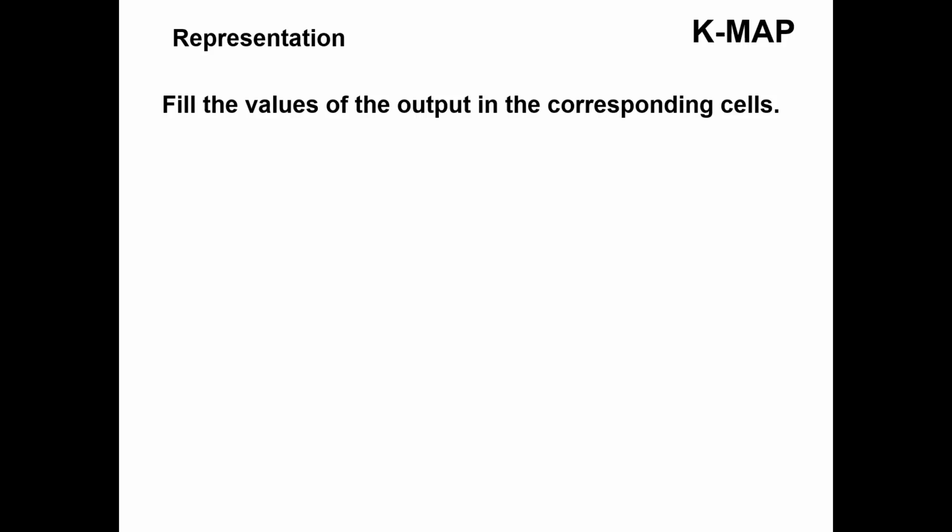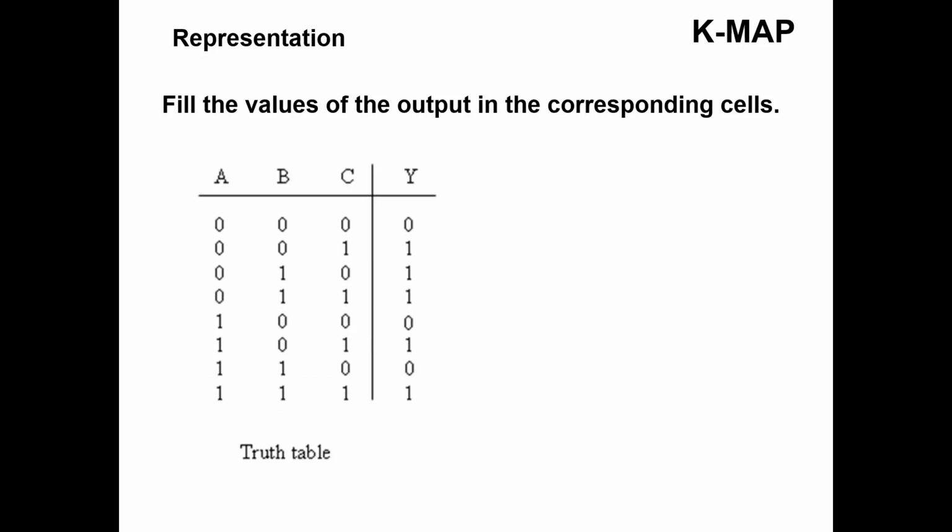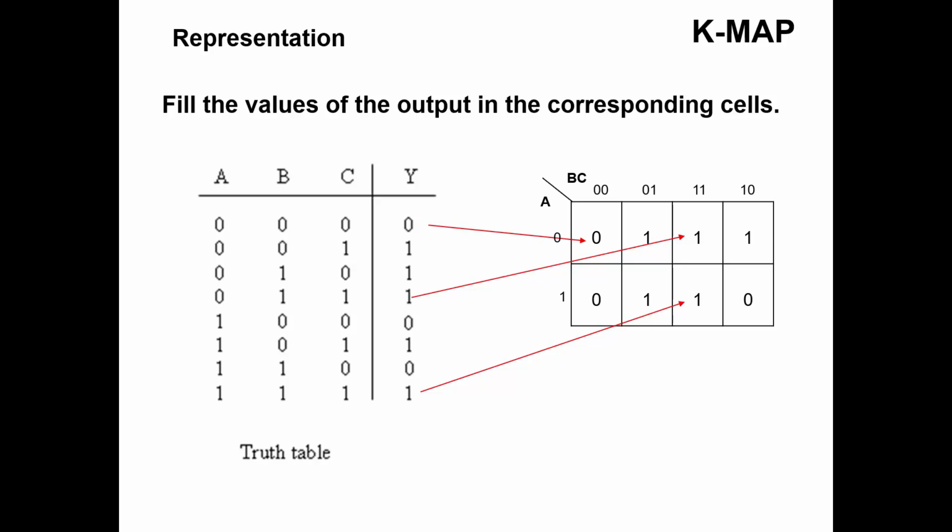Fill the values of the output in the corresponding cells. This is the truth table which we want to replicate in the K-map. Here the output values are filled inside the boxes.